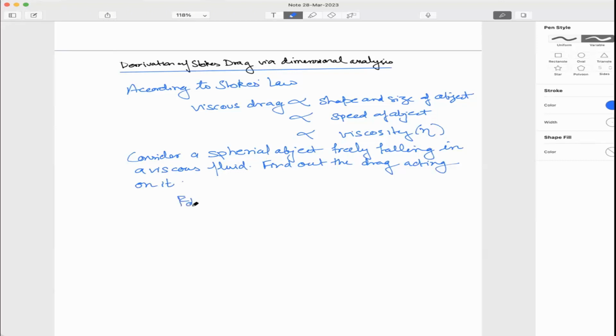So as I told you, viscous drag, for a sphere, will be directly proportional to the radius of the object, because shape is different for different objects. If there is a cube or a cylinder, we generally use a characteristic length that defines the shape and size of the object in the fluid. Then velocity of the object and viscosity of the fluid. So by dimensional analysis, we know that Fd is R V eta.